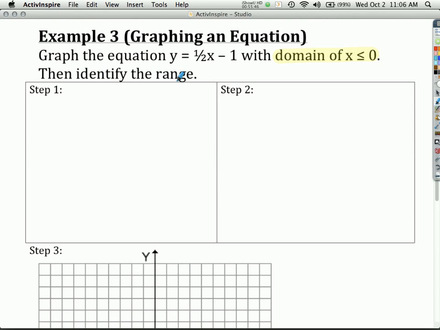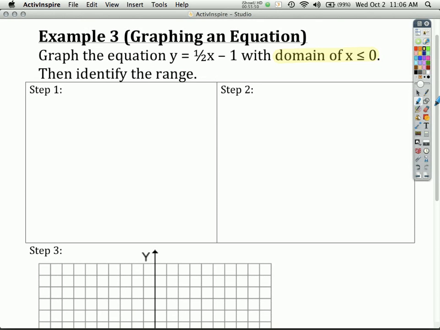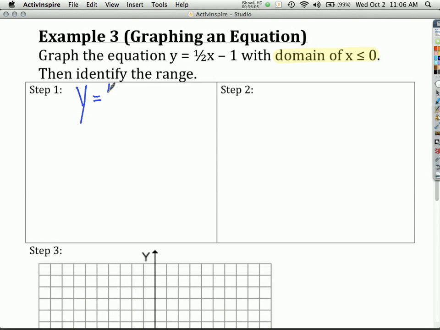So could someone tell us or refresh us what's step 1? Only half my class can tell me step 1. Maria? Put it in function form. Good. Put it in function form. So the original equation is y equals 1/2 x minus 1.